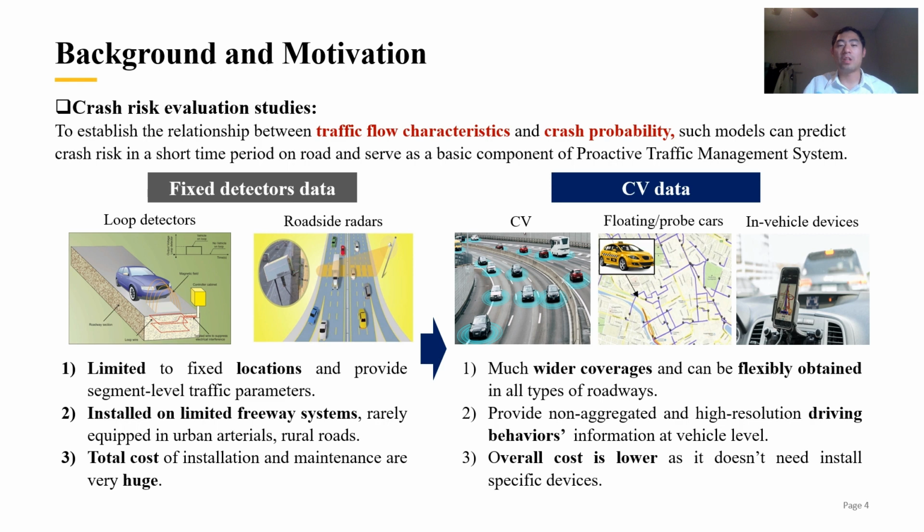They have much wider coverage and can be deployed on all types of roadways. They can also provide non-aggregated and high-resolution driving behavior information at each vehicle level. The overall cost is also very low, as they don't need specific devices to be installed.